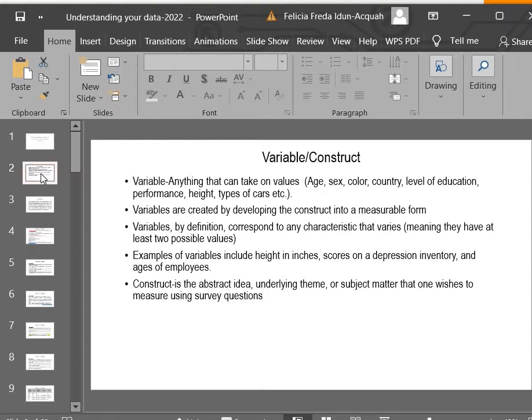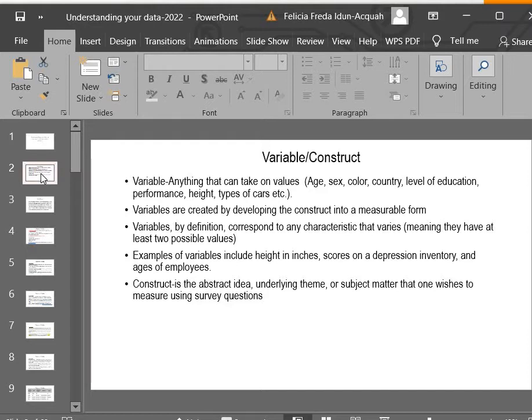If you look at what we call a construct, to be able to distinguish a construct from a variable, you should understand that constructs are usually abstract in nature, and therefore to be able to measure them, we need to ask a series of questions, or we should have a series of items or indicators that will all come together to form them. For instance, if I say I want to look at customer satisfaction, what do I mean by customer satisfaction?